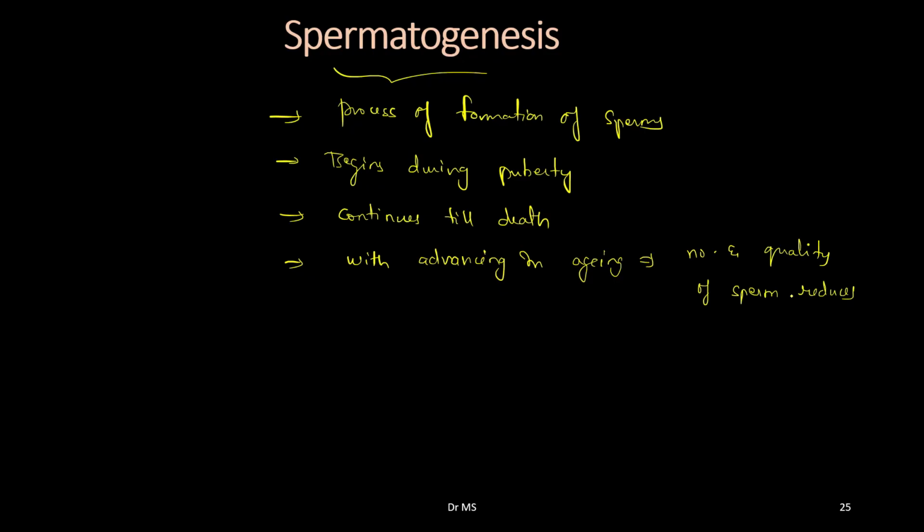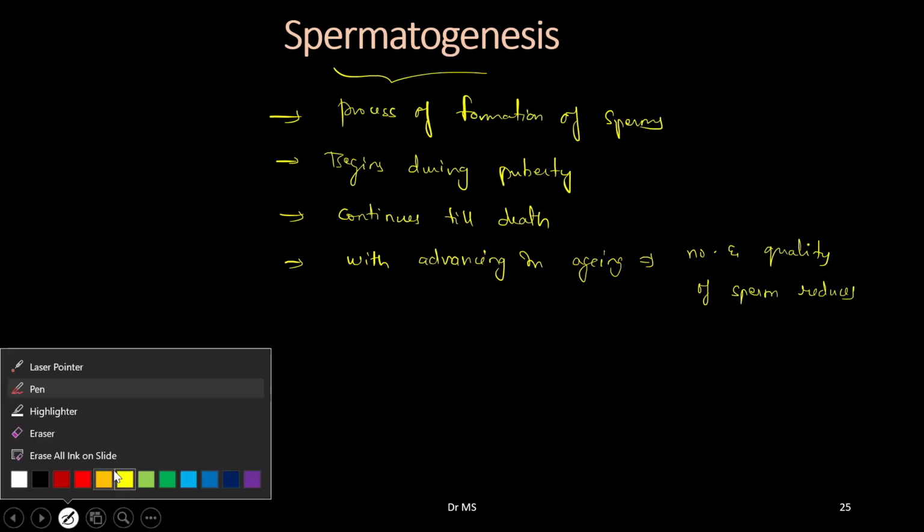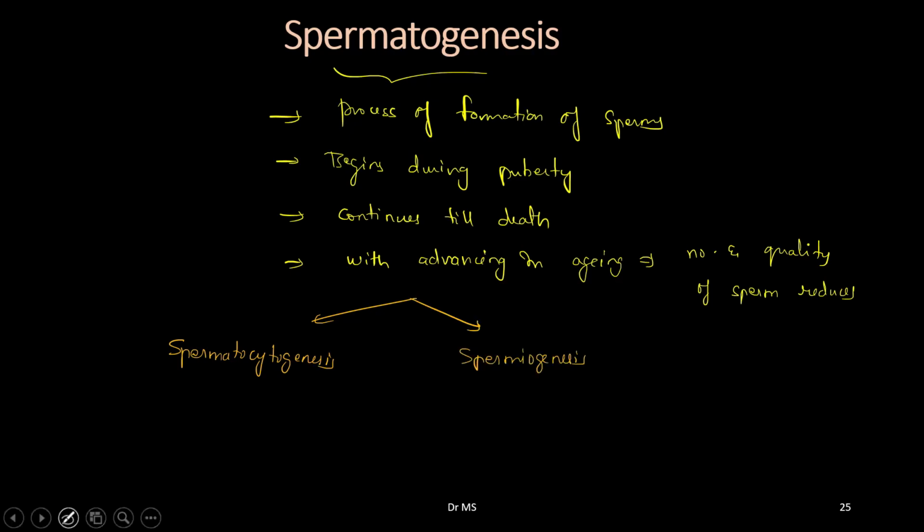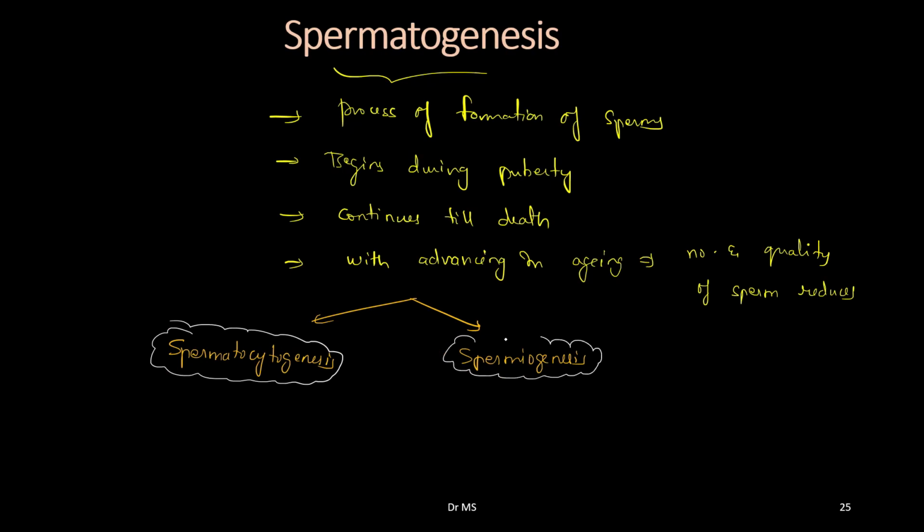And spermatogenesis is classified into two stages. One is spermatocytogenesis and the other is spermiogenesis. Remember this. So what is spermatocytogenesis?